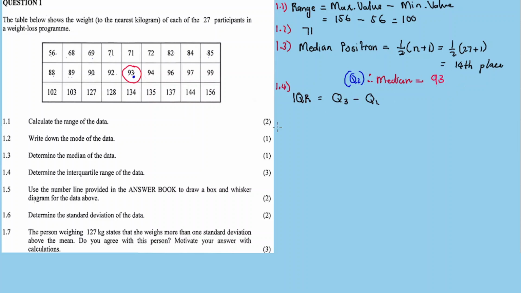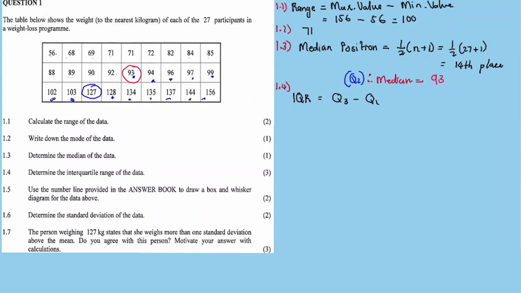So Q3 is found in the middle of the upper data set. Here it's 1 2 3 4 5 6. Now our answer here is in the middle of the upper half. So Q3 is in fact the term, let's see, 14 15 16 17 18 19 20 21.